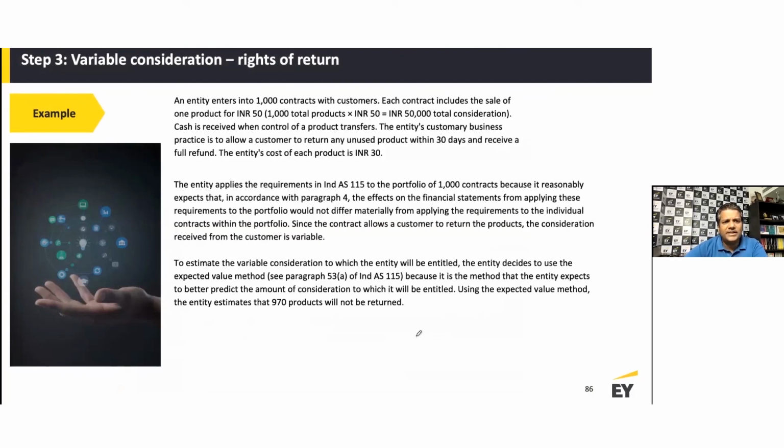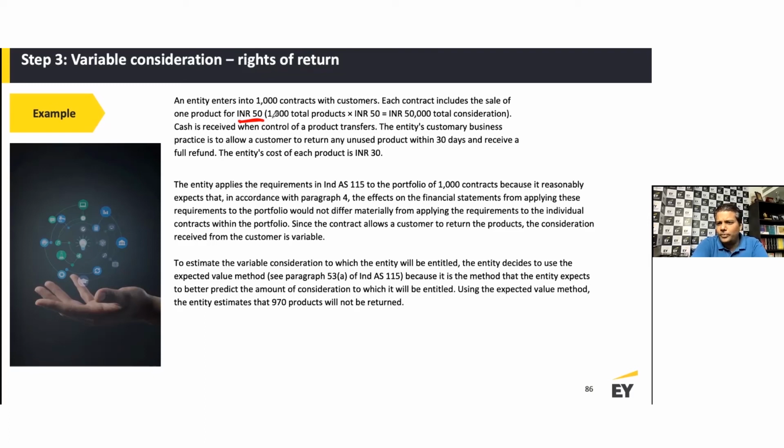So an entity enters into 1,000 contracts with customers. Each contract includes the sale of one product for INR 50, right? There are 1,000 POs, for example, and every contract value is 50. The total contract consideration is 1,000 into 50, which is 50,000. Cash is received.